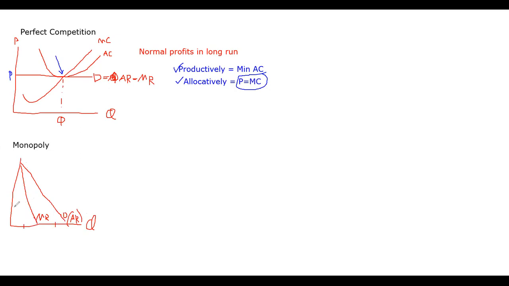But here, the MC slopes upwards as it normally does. You would produce quantity Q because MC is equal to MR. That's the profit maximizing point. And at quantity Q, you would let the demand curve decide the price.